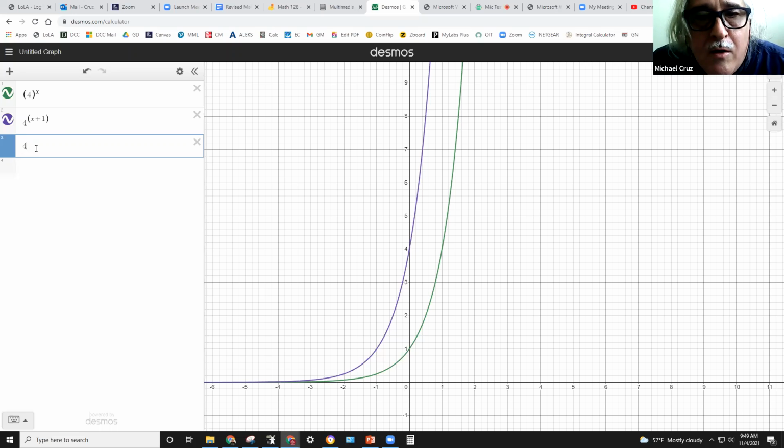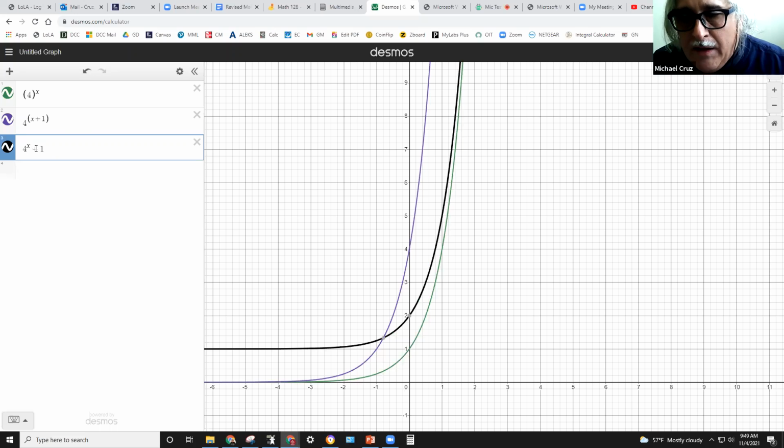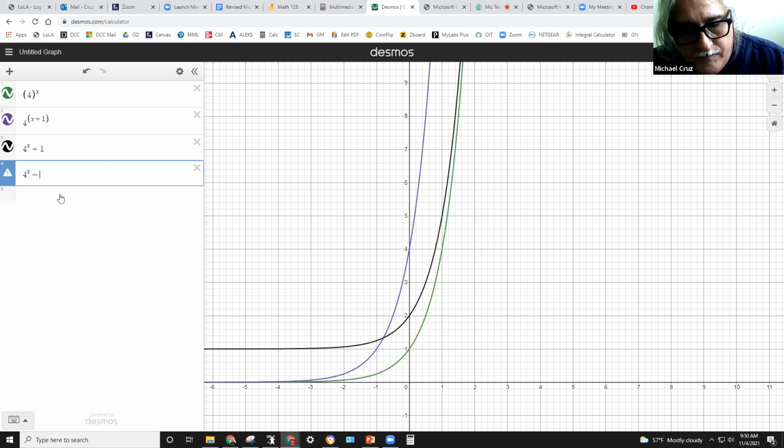If we put 4 to the x, and then let's say we add 1, that's going to go up now. See, it went up. So my advice is, always use the 0, 1, which is a common point to every exponential function, as where you do your shift. Likewise, if it were 4 to the x minus 1, it's going to go down.